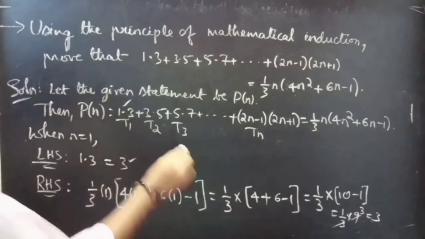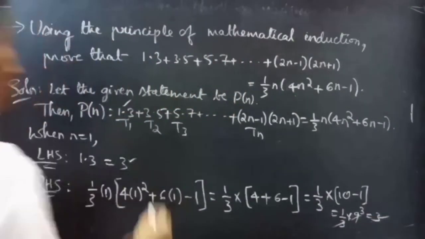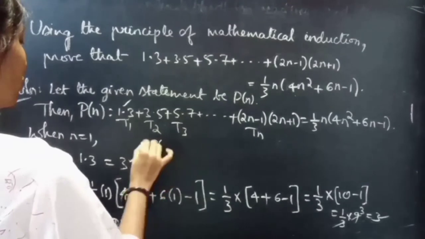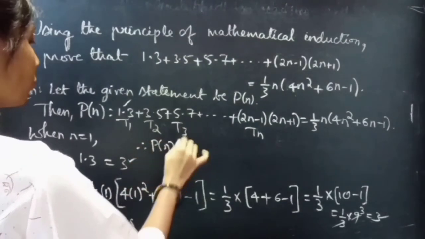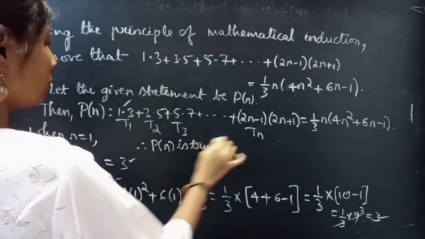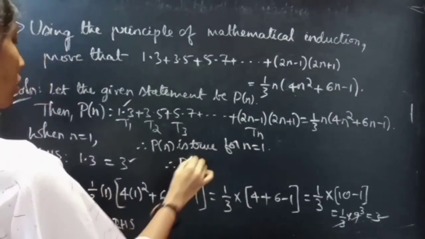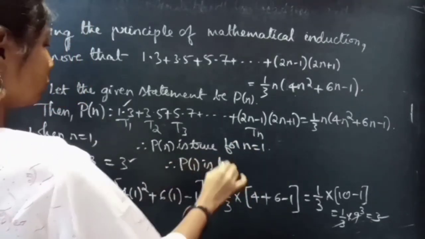Okay, LHS equals RHS. Therefore P of n is true for n equals 1. Therefore, P of 1 is true.